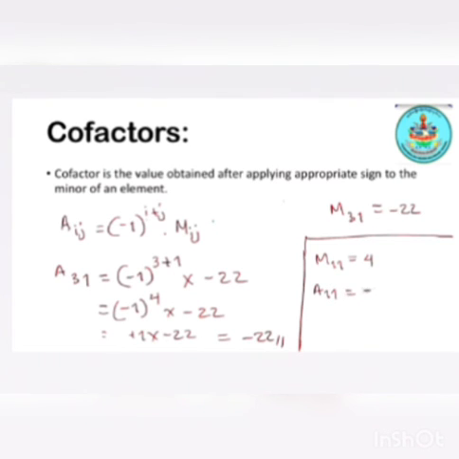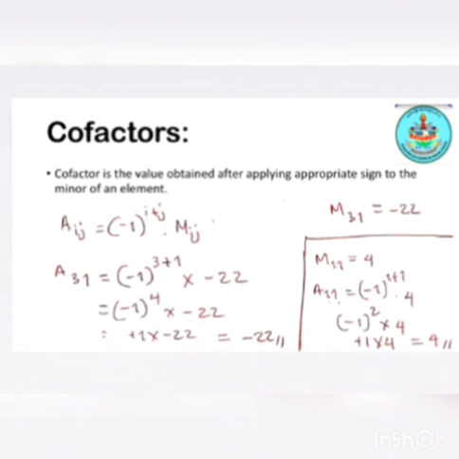A11 will be negative 1 to the power 1 plus 1, times M11, which is 4. So it is positive, isn't it? Negative 1 to the power 2, since 1 plus 1 is 2, will be positive 1, so again it will be 4 only.